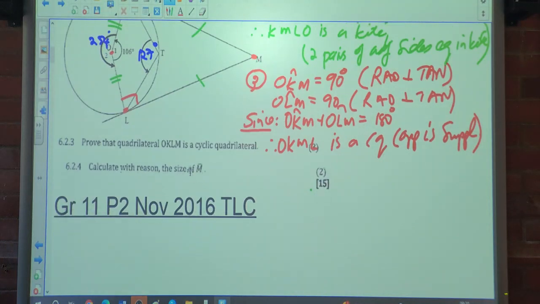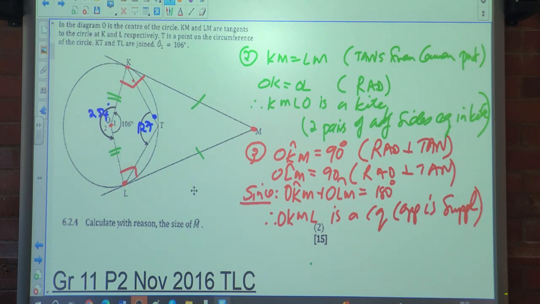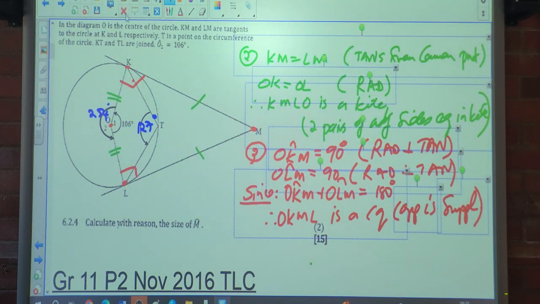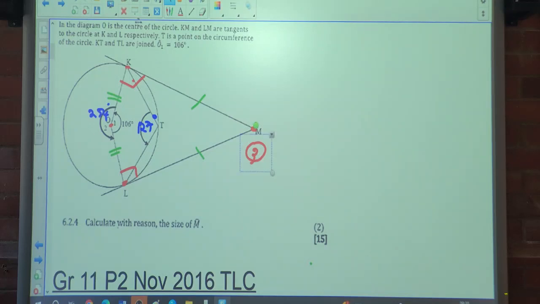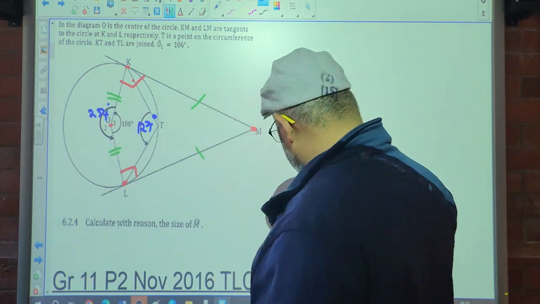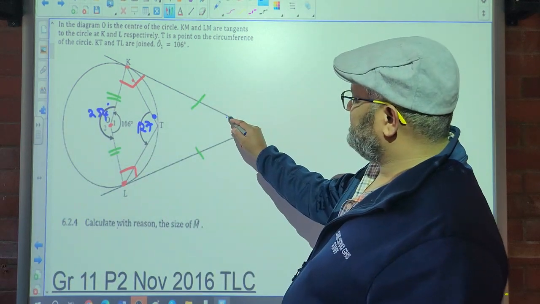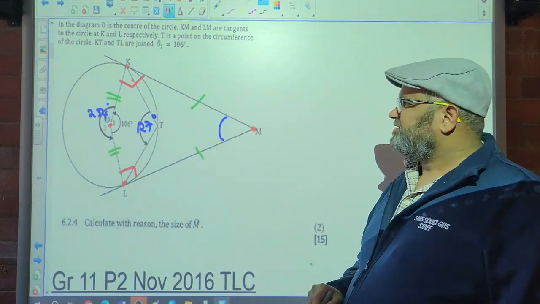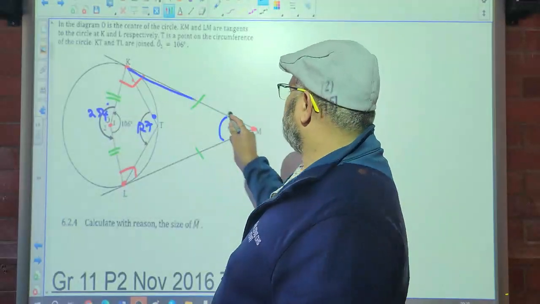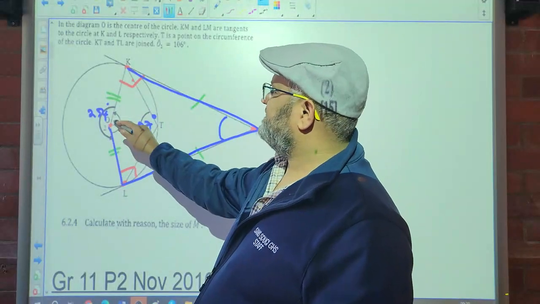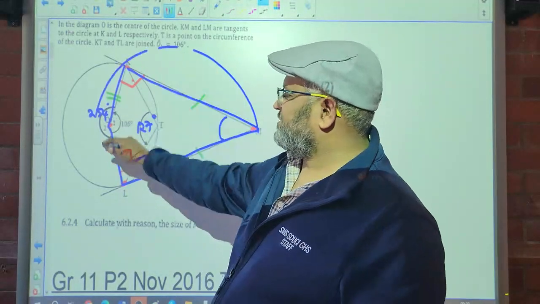Let's go with the last question. The last question is: calculate, with the reason, the size of angle M. If you look at where M is here, remember, this is a cyclic quad. What does it mean if it's cyclic? That means a circle can be drawn around here.